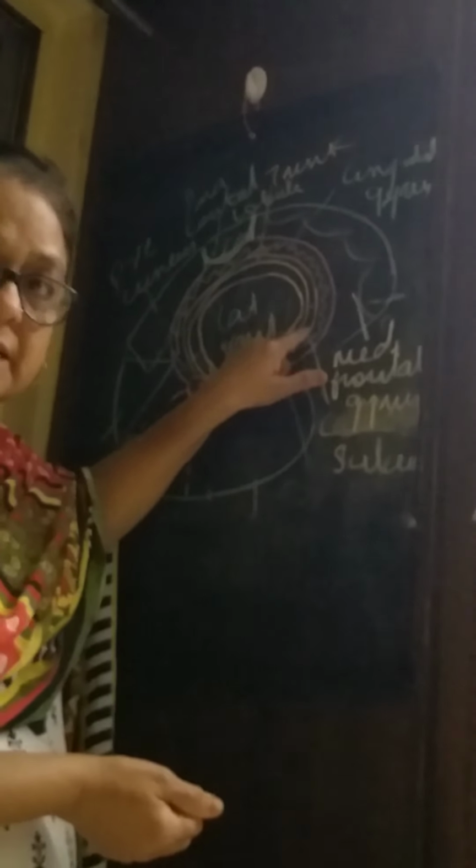So this is about the corpus callosum. This corpus callosum is surrounded by a sulcus. You see this red portion which I have drawn surrounding the corpus callosum is the callosal sulcus.